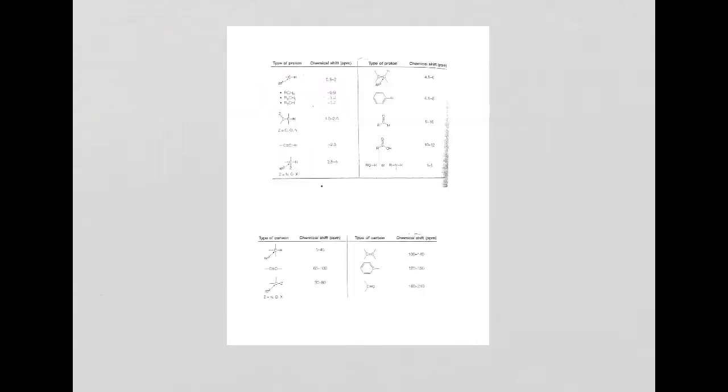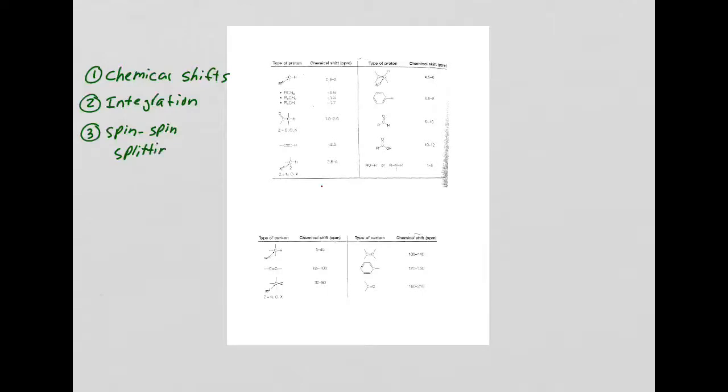Okay, I'm going to come over here and actually write those down. I need you to look at chemical shifts, and I give you this handout. Then integration, so you know how many hydrogens per peak, and then spin splitting. You have singlet, doublet, what kind of peak you have. Those are the 3 things you should look at for NMR.